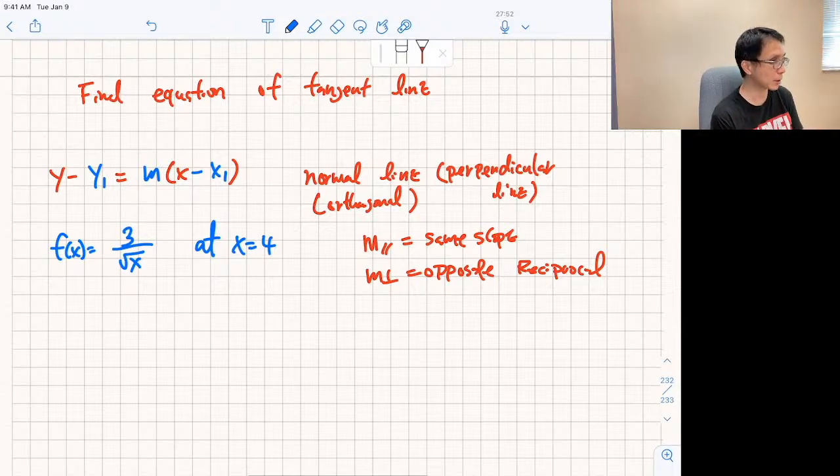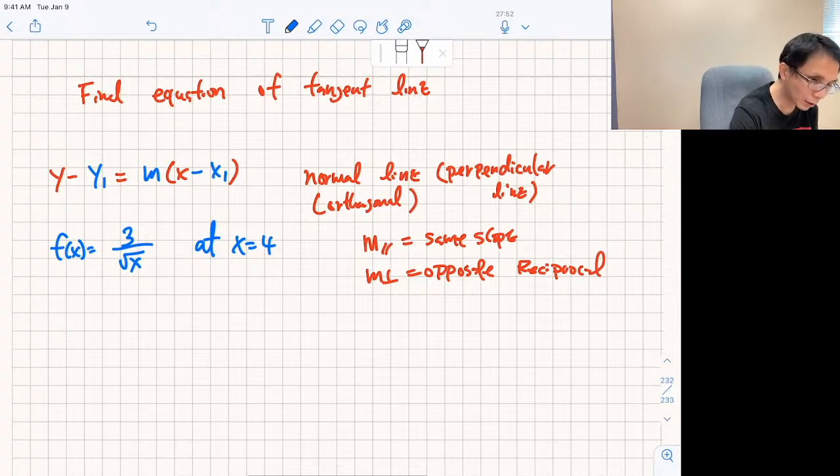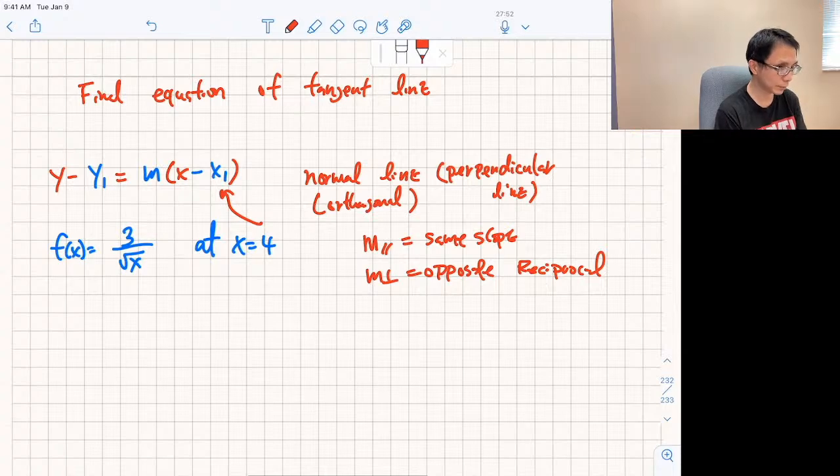How do I find the equation of the tangent line? Well, basically I'm going to take a derivative. Plugging in 4 into the derivative is going to give me the slope.